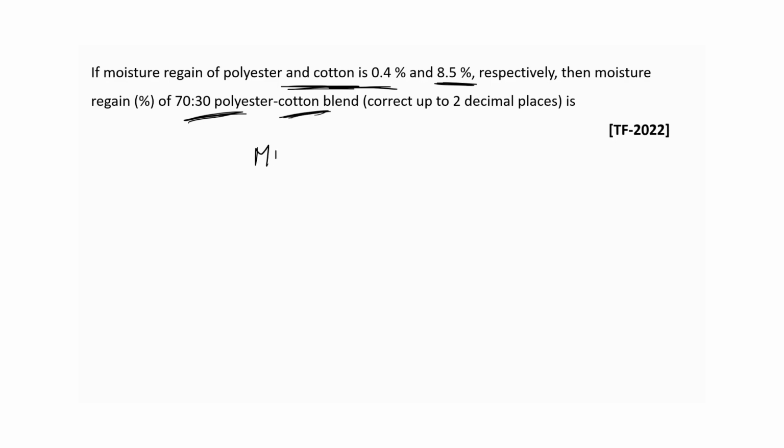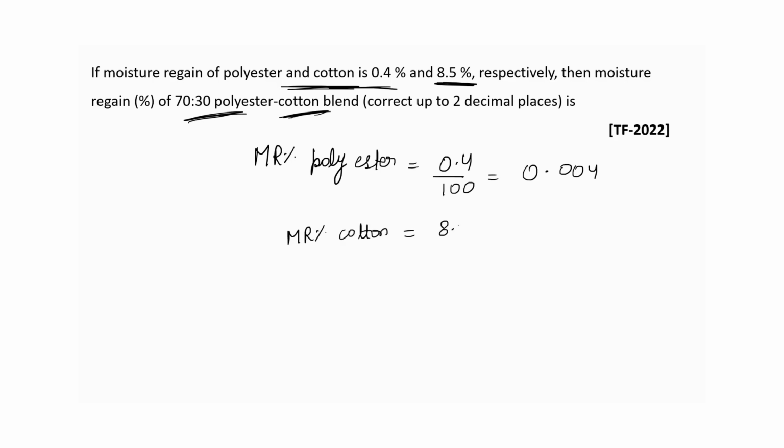Moisture regain for polyester is given as 0.4%. In place of percent we can divide it by 100, so it comes out to be 0.004. And for cotton, 8.5% becomes 0.085.